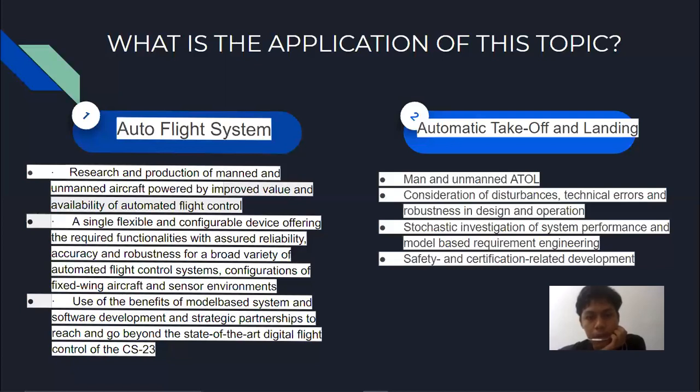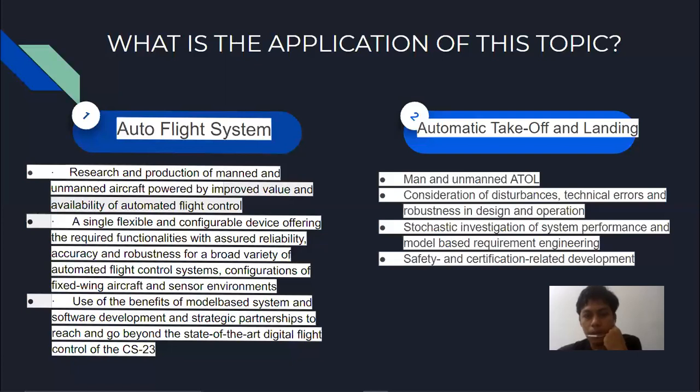So there is a lot of research from production of manned and unmanned aircraft. There are new materials that are inexpensive, durable, and good quality. So the research is made to be lightweight, so it is more affordable.